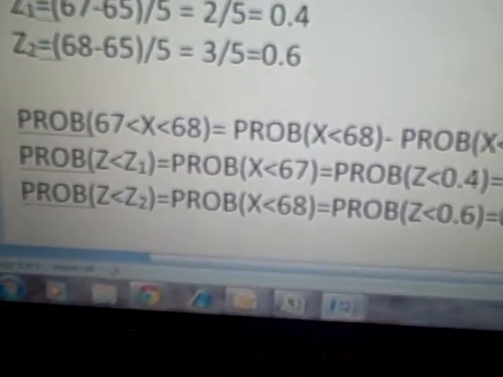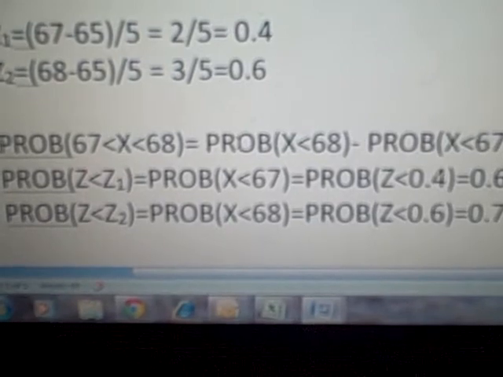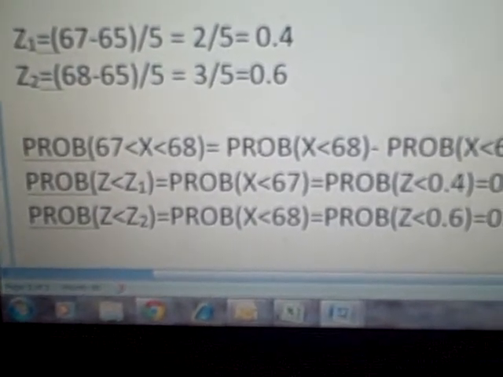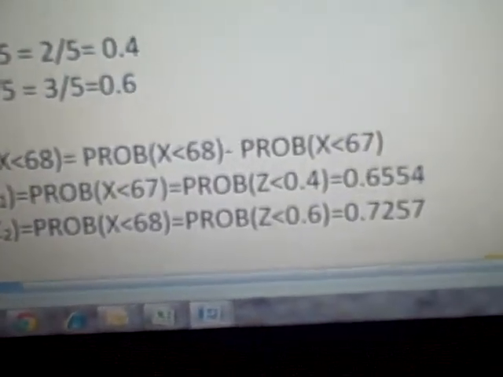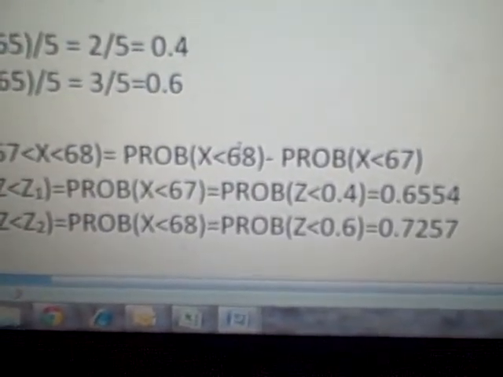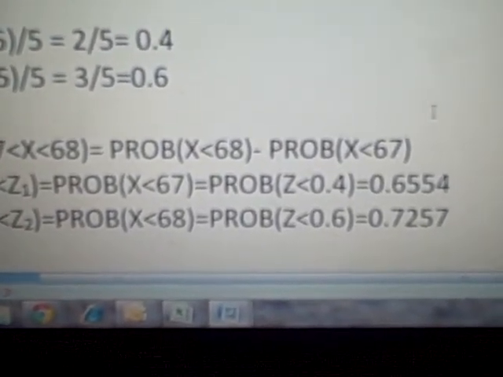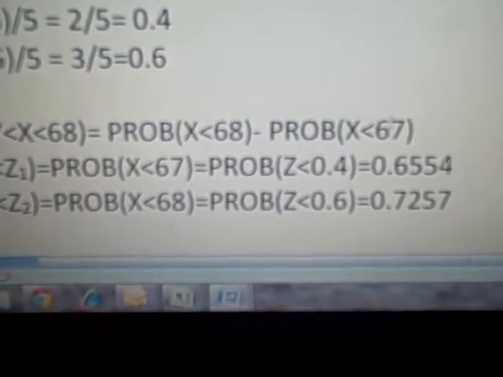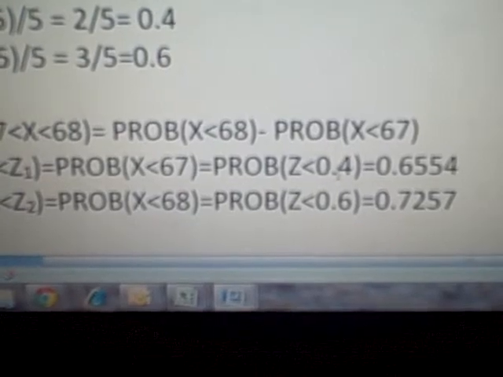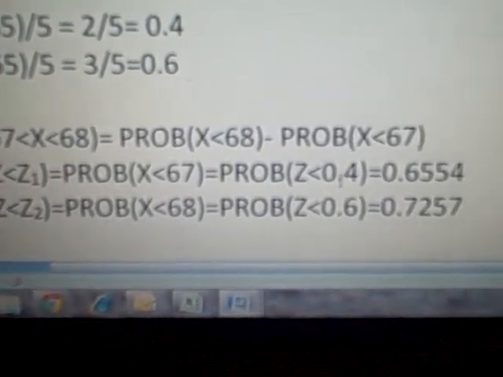So here we have the probability that z is less than z1, which is the probability that x is less than 67, which is the probability z is less than 0.4, and that's 0.6554. Now, how did I get that 0.6554?